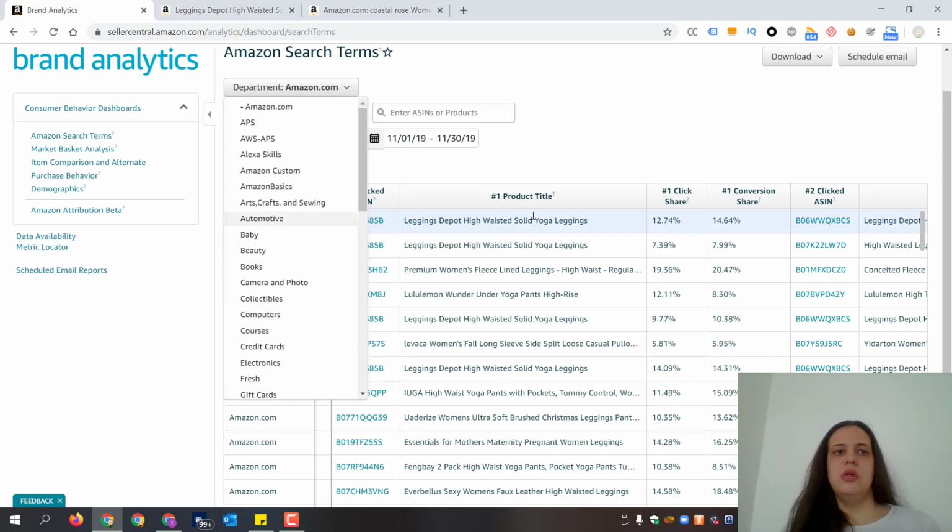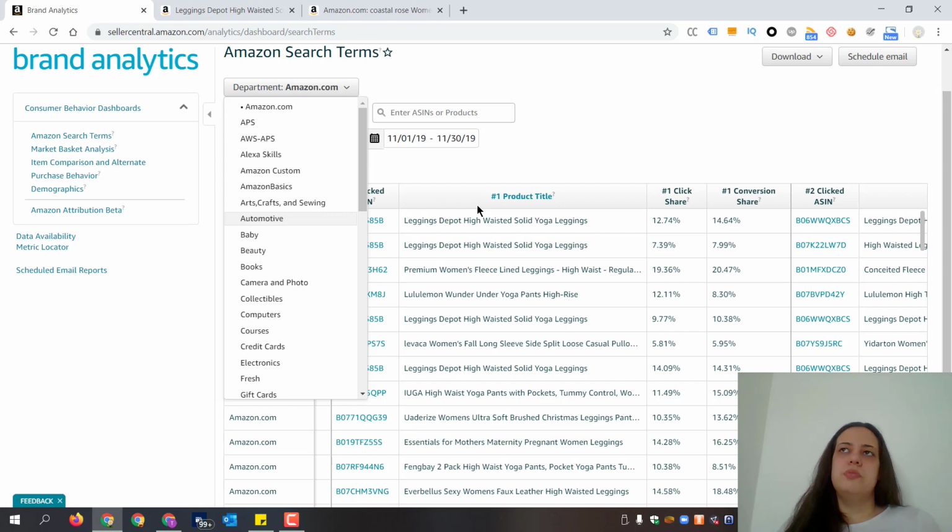For some reason, you're not going to see everything every time. Basically, my point was that you could choose a category only if you know that your category is a high volume one in terms of searches. So for leggings, I would probably choose to look at the data through a category.